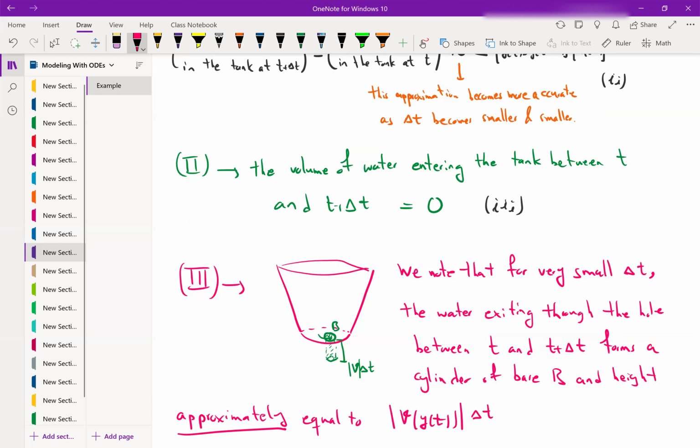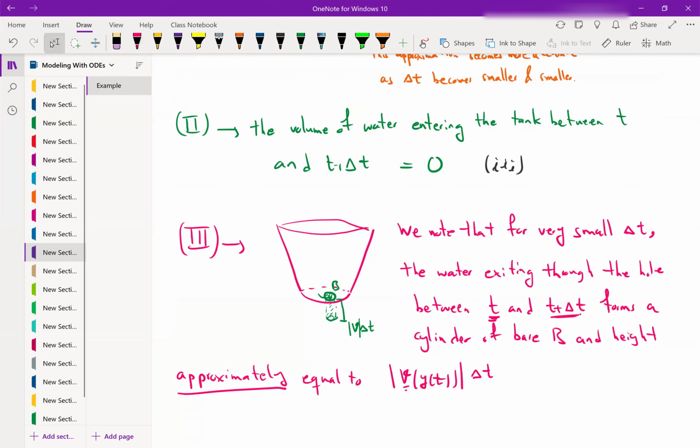So this V is changing with the water level. As little t is changing, y is changing, and so V is changing. So we can talk about the velocity at time t, the velocity at time t plus delta t, the velocity anywhere in between. But since delta t is small, I'm approximating the velocity with a constant function, the value of the velocity at time t. That is what I'm doing. So the velocity with which the water is exiting the tank.